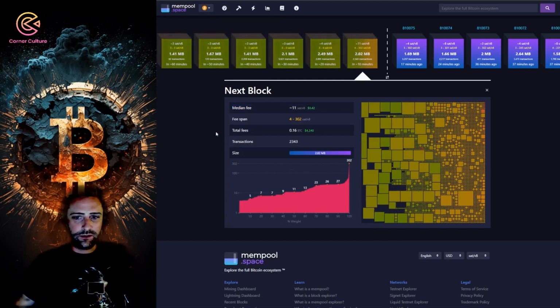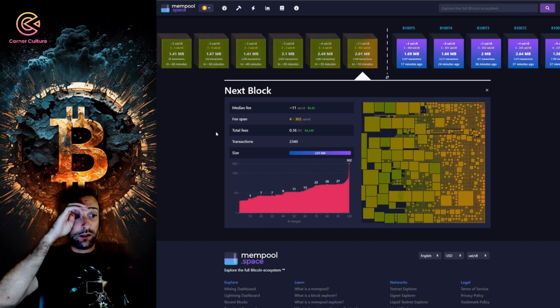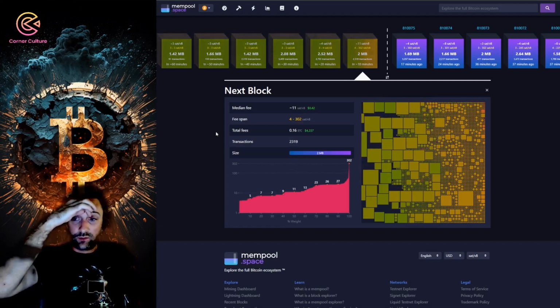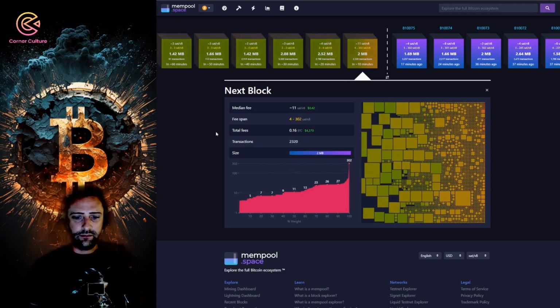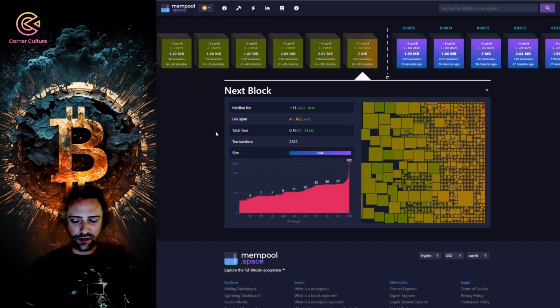And so I was like, crap. I don't want to wait that long. I don't know how much longer I'm going to have to wait. So I did an RBF, replace by fee, and I upped the sats per vB, and I got my transaction into the next few blocks or whatever. And I didn't end up paying too much in network fee, so it was all good.